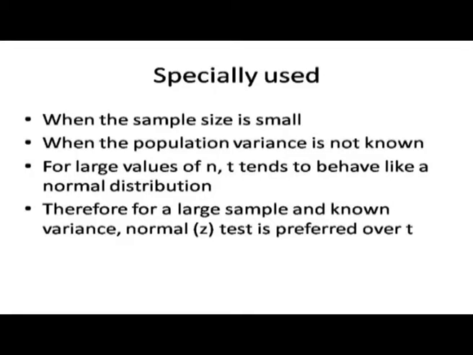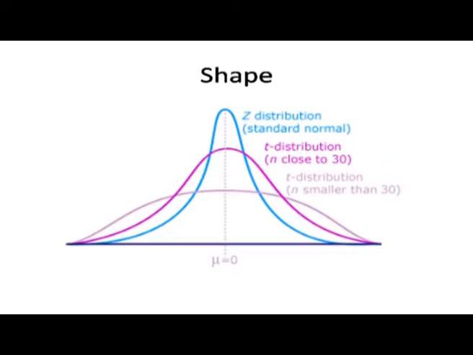The reason is that for large values of n, from which degrees of freedom of t is derived, t tends to behave like a normal distribution, and this is shown by this graph. You see this blue color probability density function is the probability density function of a normal distribution.